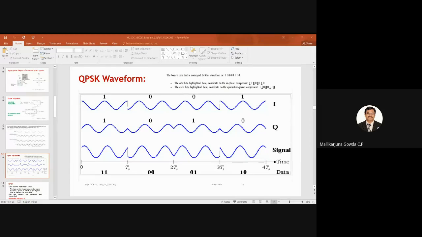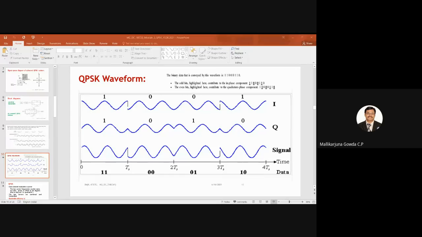So what is there in the QPSK transmitter block diagram? I am modulating the odd sequence by a cosine wave, means I am multiplying the odd sequence by the cosine signal. That is why I get this signal, which is one BPSK waveform. One is transmitted by plus cos, and 0 by minus cos.